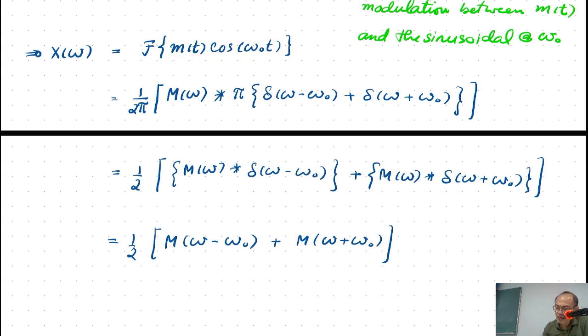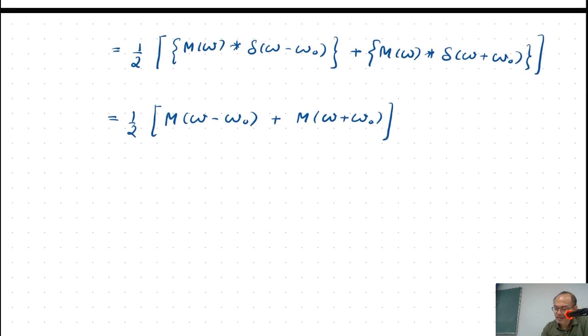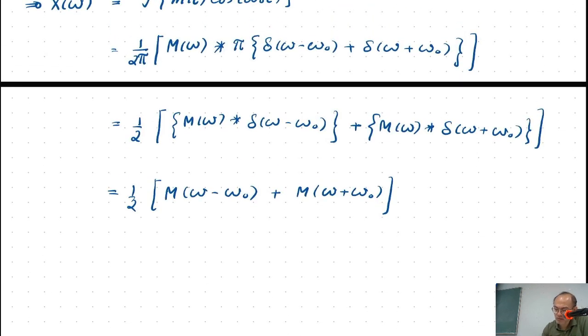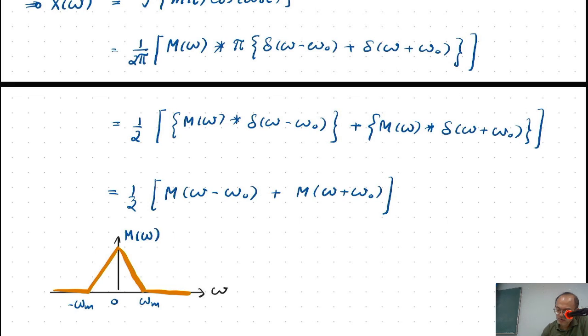So let's try to plot this. Suppose the signal m looks like a triangular shape here, where we have omega m here and minus omega m here. Let's call this M of omega.